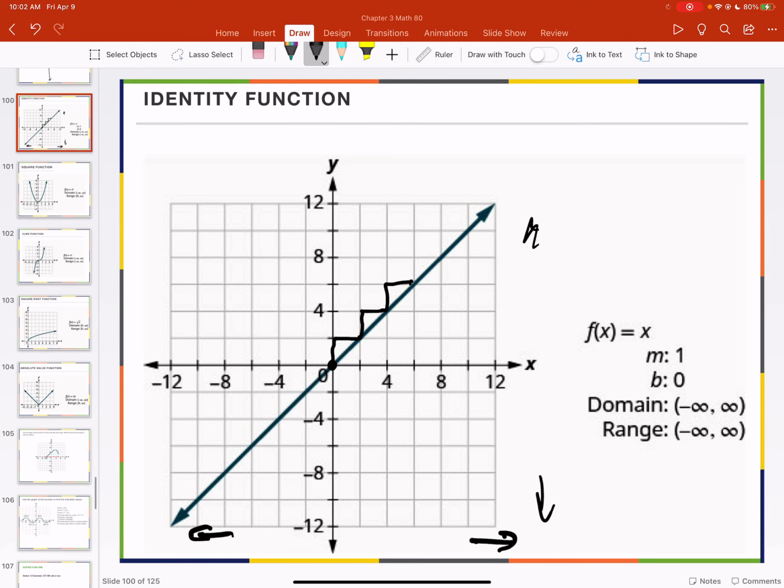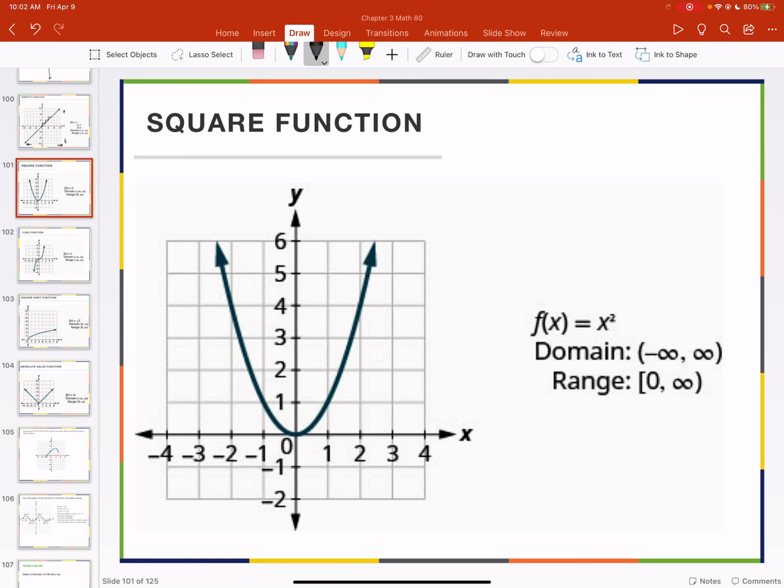Okay, all right. Square function, y equals x squared, is also one to get to know. That's a parabola, and it's like a U, like a little upside down horseshoe or something, where it extends up to infinity, goes out and up. And then as x increases, you're squaring it.